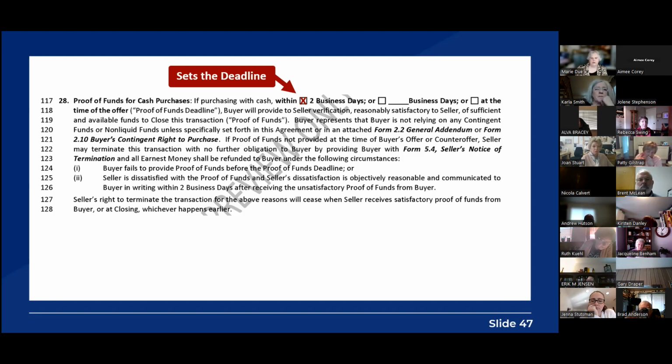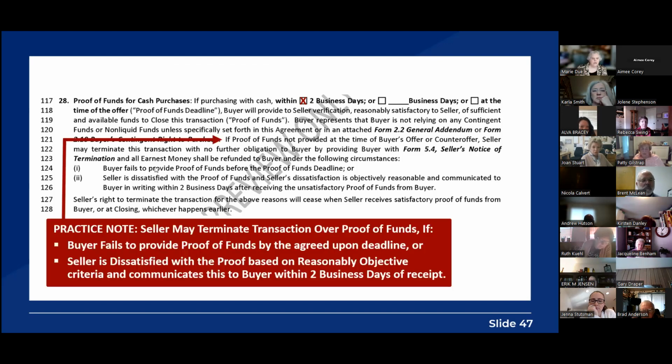Contingent right to purchase is in here. There it is. Seller may terminate the transaction over proof of funds if the buyer fails to provide the proof of funds, or seller is dissatisfied with the proof based on reasonably objective criteria and communicates this to the buyer within 2 business days. Now, why would a seller be dissatisfied? In one of the transactions, as we were putting this whole section together, there have been some buyers that tried to show cryptocurrency to be able to pay for the property.